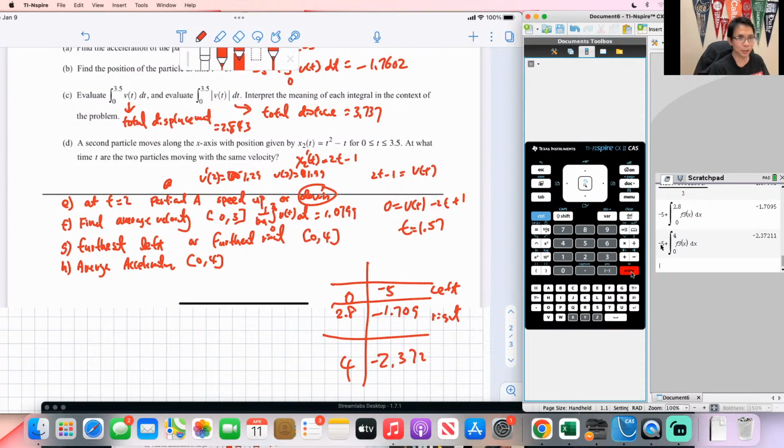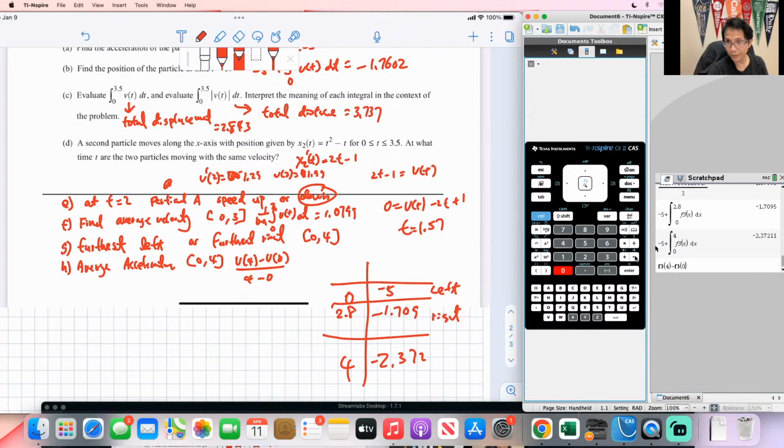For average acceleration, just do v of 4. So that's going to be v of 4 minus v of 0 over 4 minus 0. So v is the F3 function. So var F3 of 4, minus var F3 of 0.